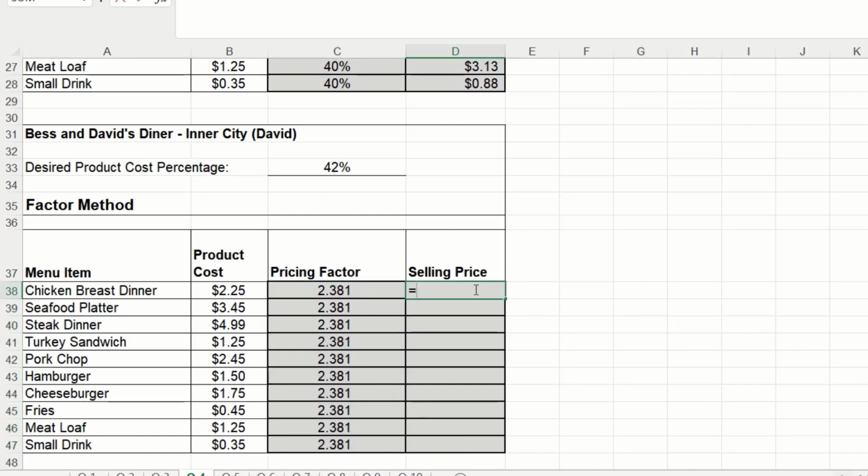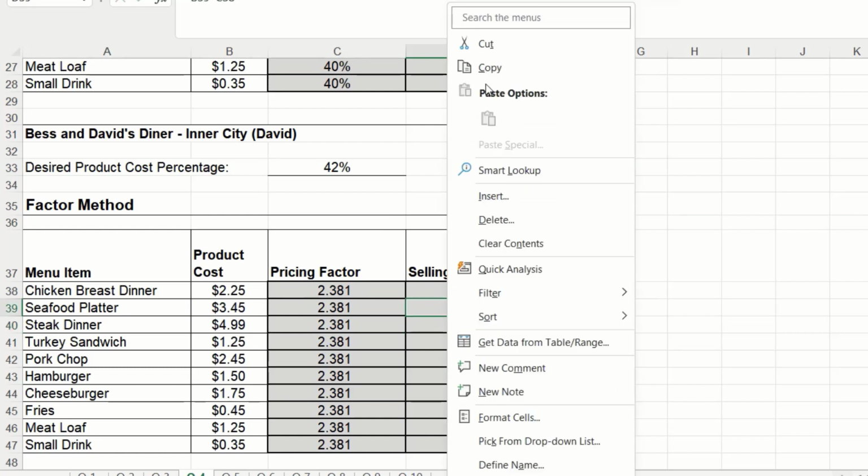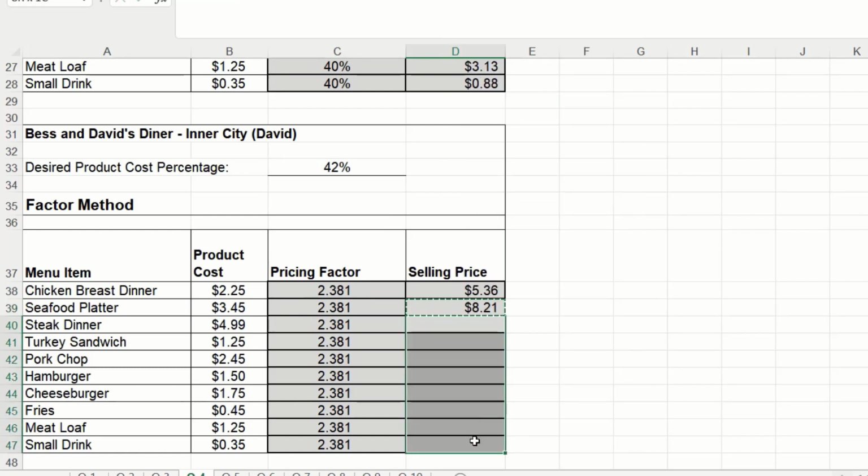To get our selling price, we're going to multiply our product cost by our pricing factor. And we can insert this all the way down.